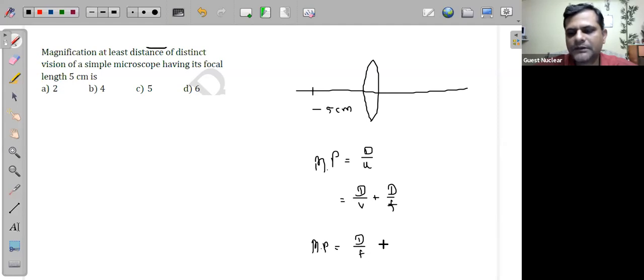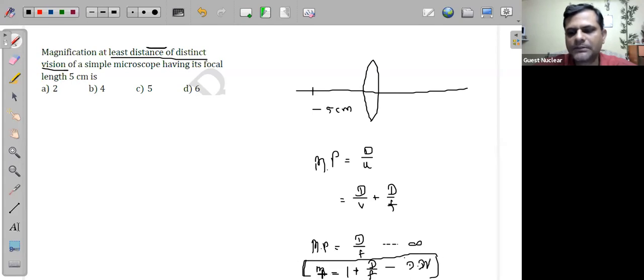This happens only when the image is at infinity, and the magnifying power happens to be equal to 1 plus d upon f here, and this happens only when the image is formed at distance of distinct vision. And this is the case which is mentioned here, because see here, the magnification at least distance of distinct vision. तो ये जो है इससे हमको पता चलता है कि the image is going to form at distance of distinct vision, and that's why we have to use this formula here in this case.